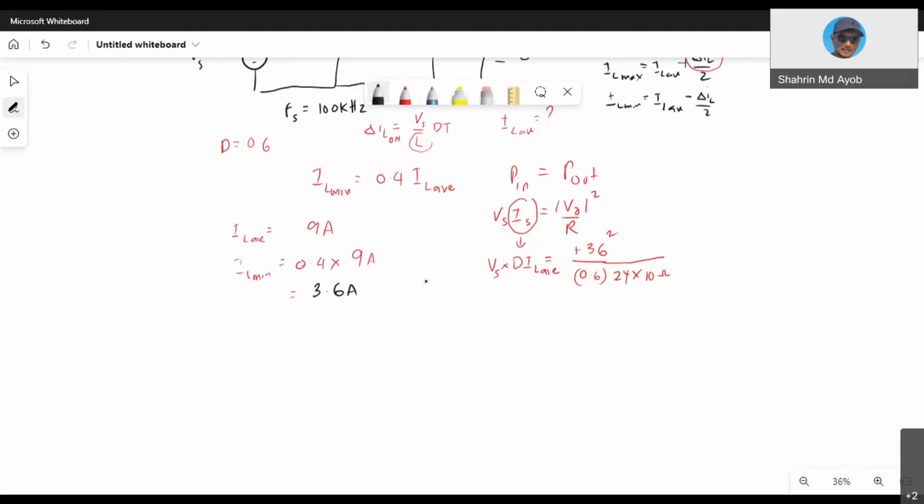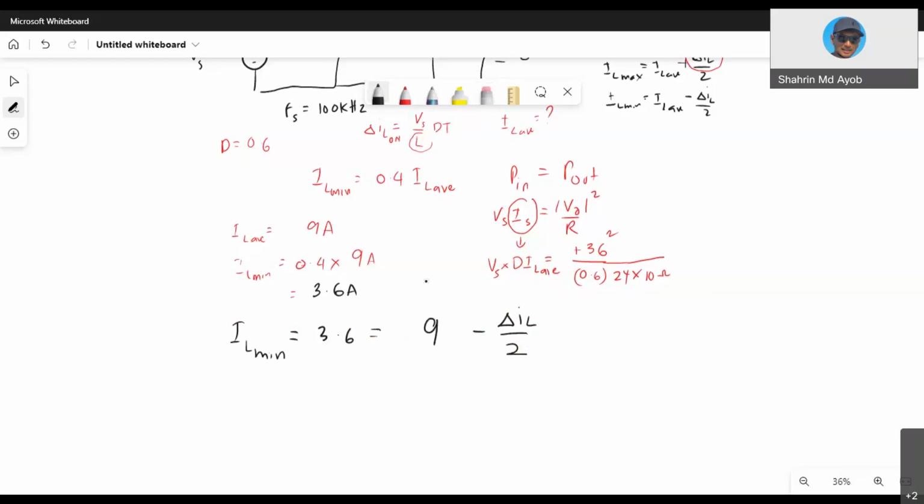We know that IL min, which is 3.6, is IL average minus delta IL over 2, right? And this IL average is 9, right?